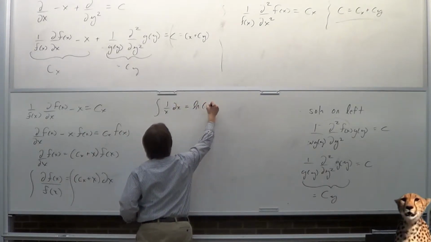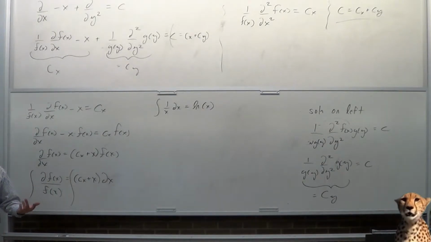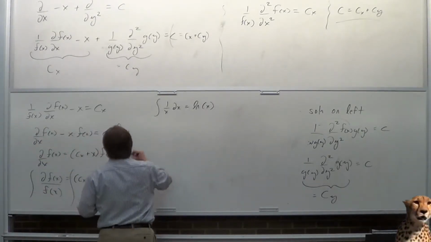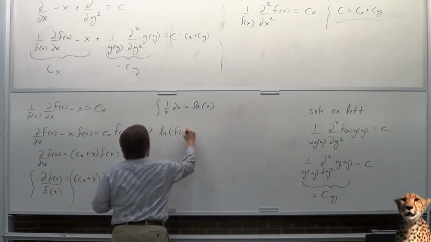Now, who says that f of x is an x? Just because I know I have the change of a function, you may be like, well, hold on, it's got to be x or y. Well, maybe it is, right? So the point there is just ignore it. It's just natural log of f of x.